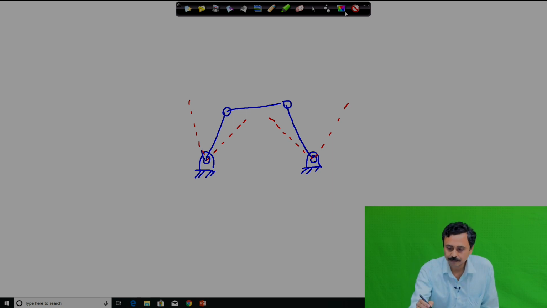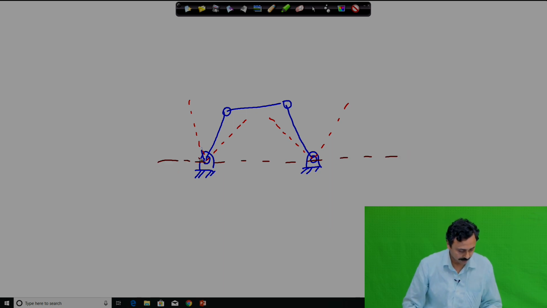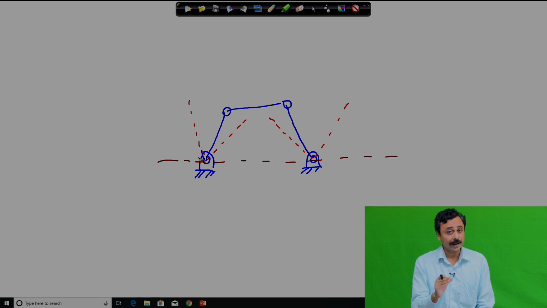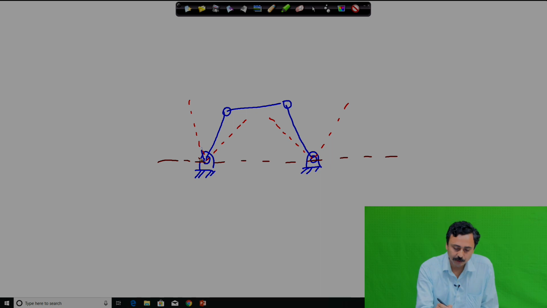So, this is the line of frame, and both dead center configurations are on one side of the line of frame, and both links have dead centers, which means at least these two links, let me number them actually 1, 2, 3, 4.